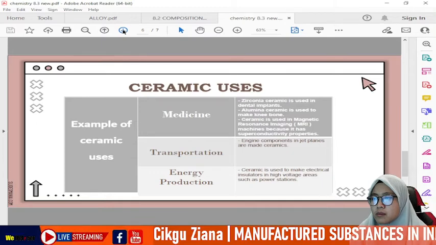For transportation, engine components are made from ceramics. And for power production, ceramic is used to make electrical insulators in high voltage areas such as power stations.